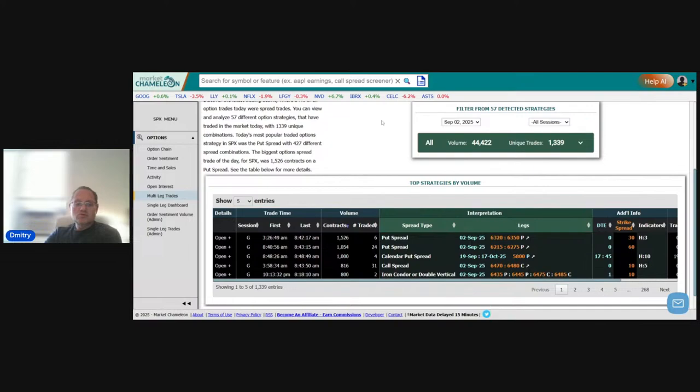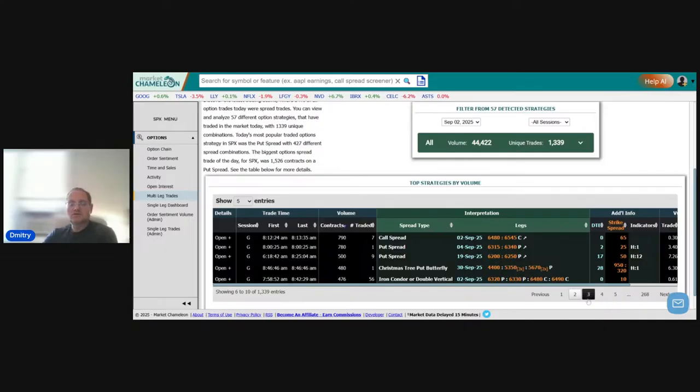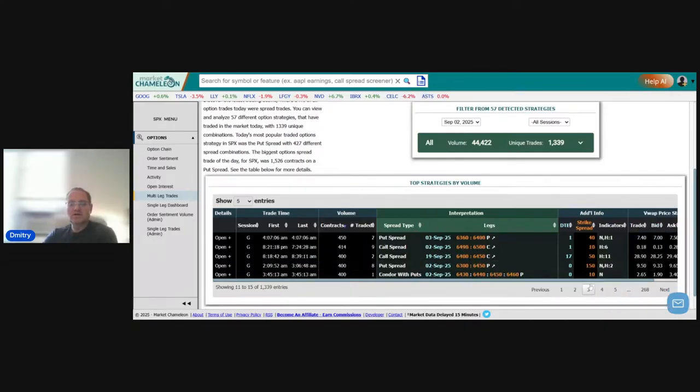So now what this allows us to do is get a quick view or assessment of what's going on in the pre-market trading activity in the SPX. And of course, we could go here and keep going, tabbing through to see the rest of them.